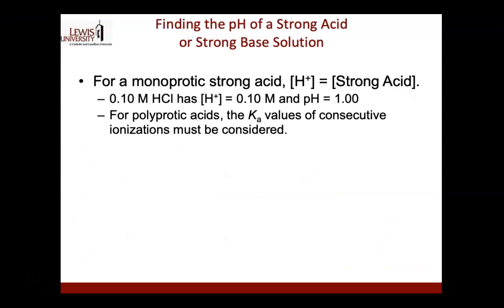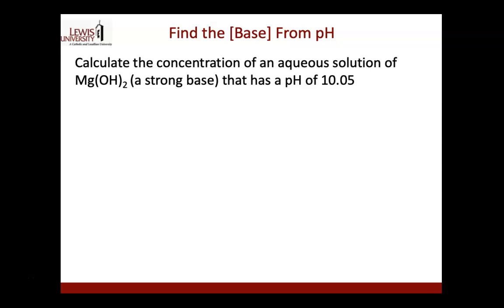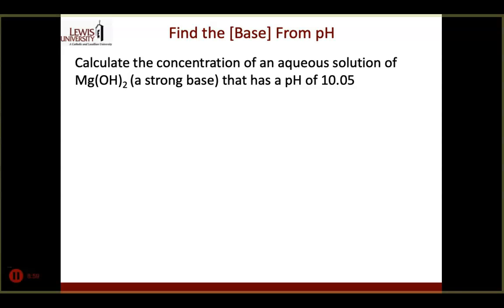Okay, and so the next question we looked at before we left off was a strong base concentration calculation. It said, if we have magnesium hydroxide in solution, and we measure the pH of the solution to be 10.05, what's the concentration of magnesium hydroxide there?